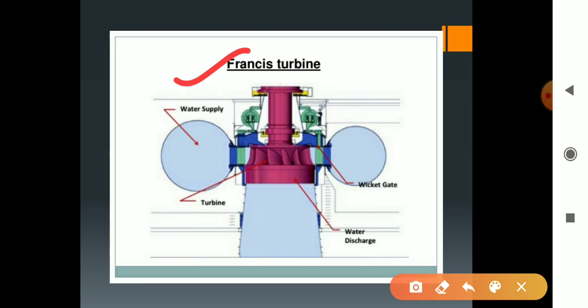In this type of turbine, the runner is closed in an airtight casing, and the runner and the casing are completely full of water. If the water flows in the radial direction through the runner, it is known as a radial flow turbine.